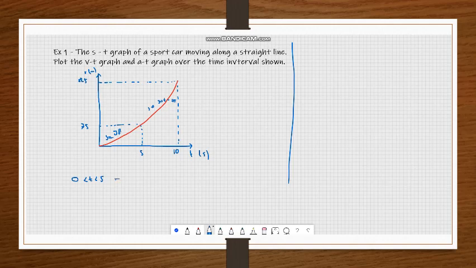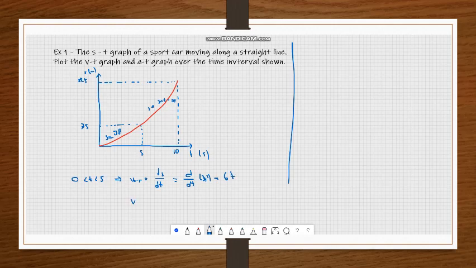We can say v from 0 to 5 is the derivative of this function, so ds over dt. If I take the derivative of 3t square with respect to t, we get 6t.